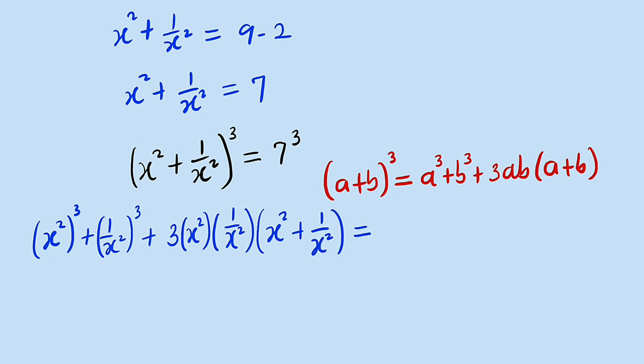And to the right hand side, we have 7 to the power of 3, which is equal to 343.